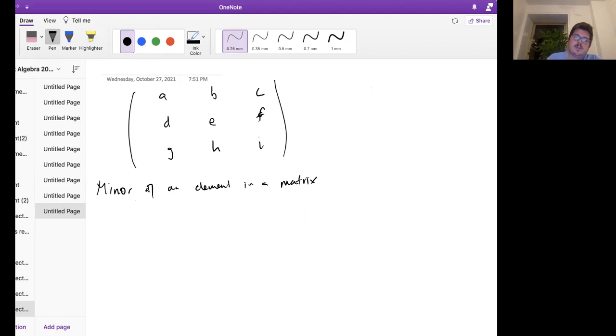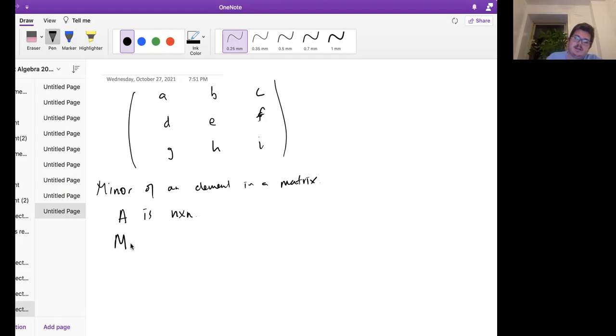So if this is my matrix here, M11 of A will be defined as, okay, so let's say A is n by n.